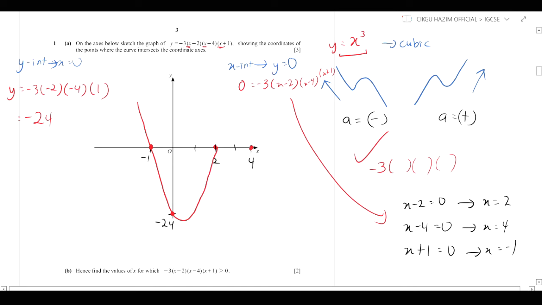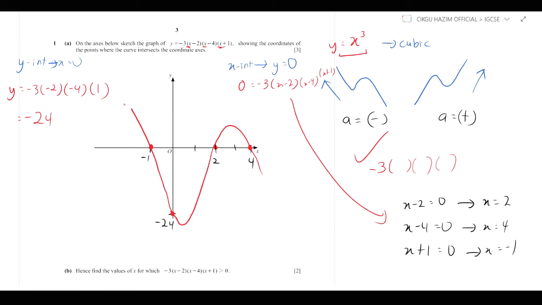Okay, something like that. Of course, it's a bit hard to draw here. Okay, that's how we sketch your graph.